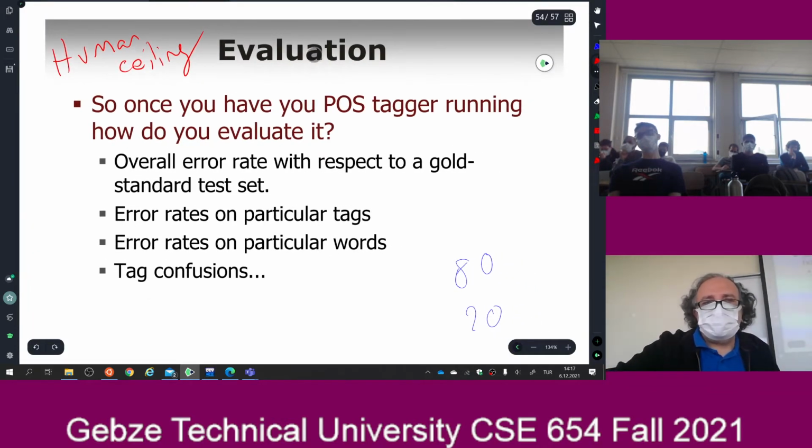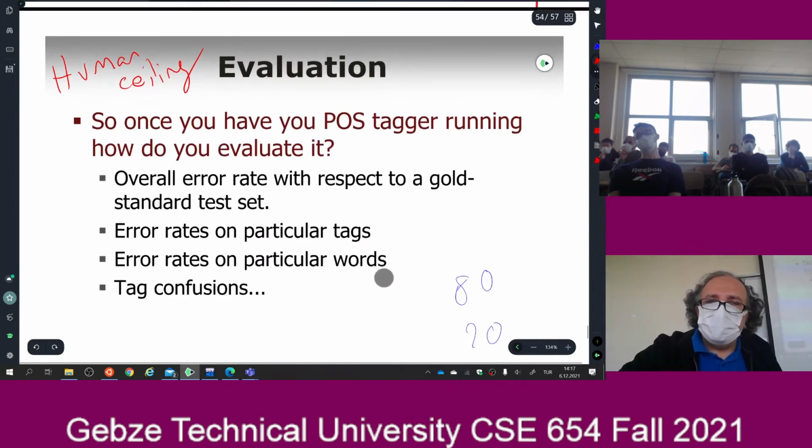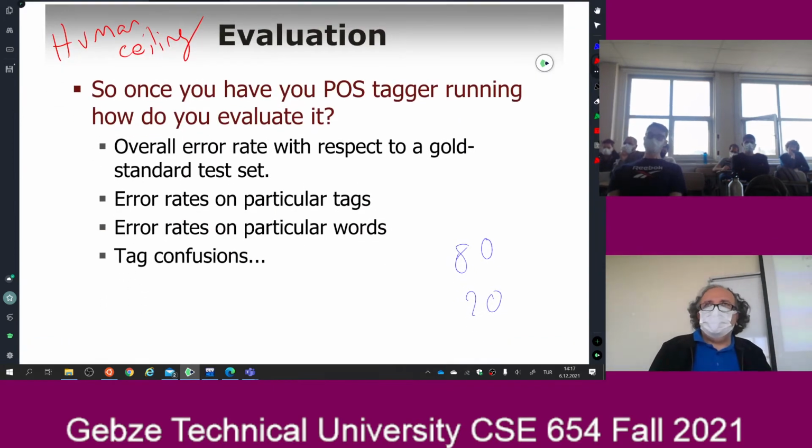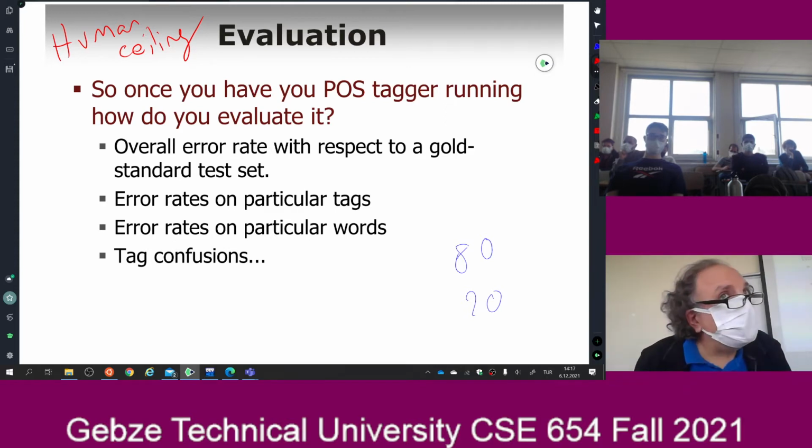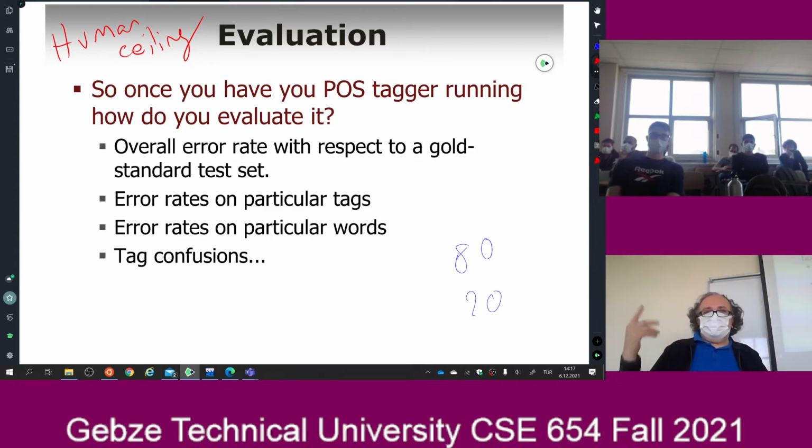Okay, so that's the evaluation. One evaluation would be this: why am I doing part of speech tagging? Can you tell me one example why we are doing this? Machine translation. Okay.